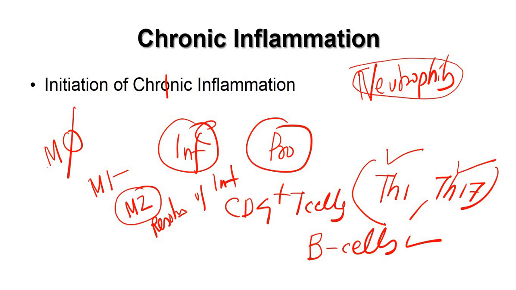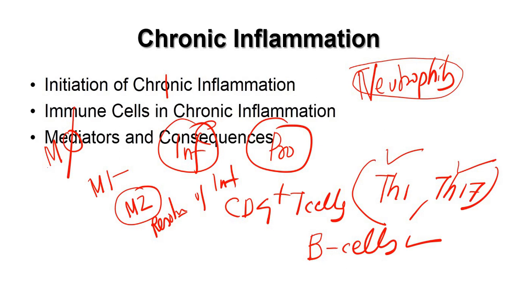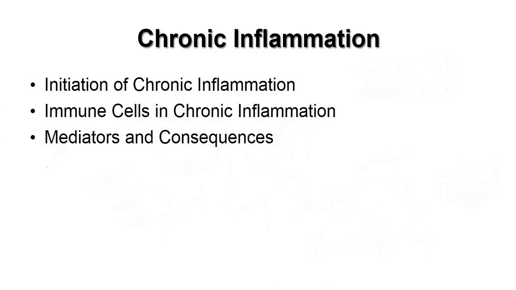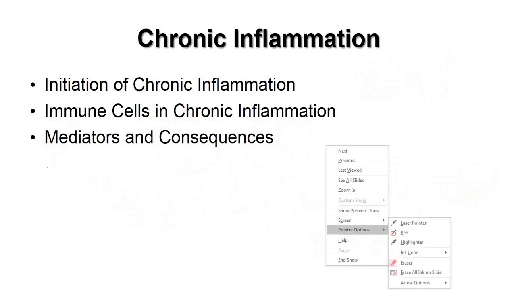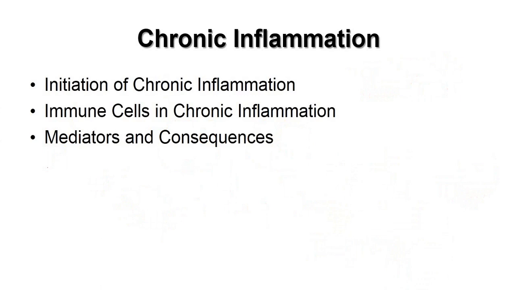The next point that I would like to discuss is mediators and consequences. We need to ascertain some of the points that we have already covered under innate immunity. So I will put numerical form and write all the mediators. The first and foremost mediator is ROS or reactive oxygen species.